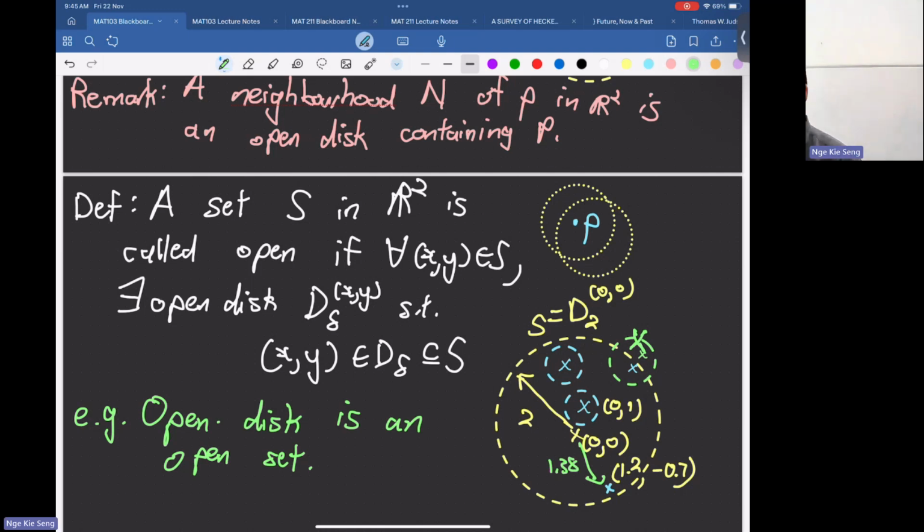Okay. So from (0, 0) to (0, 1), what's the distance here? Distance is 1. Okay.